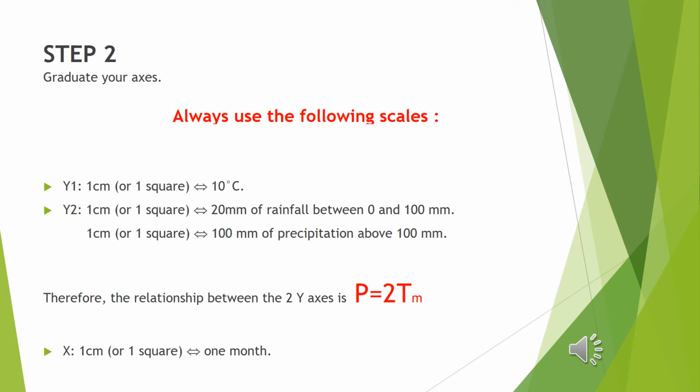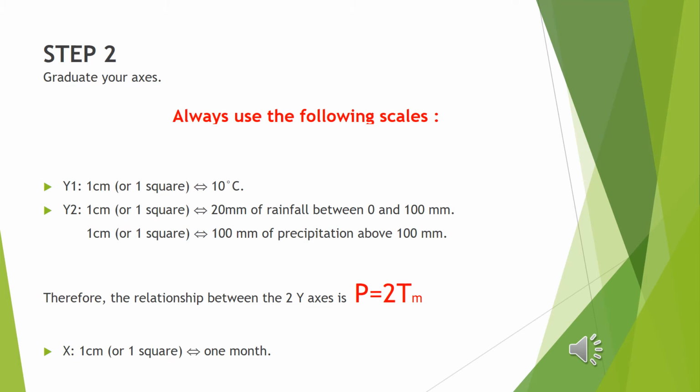So 1 centimeter represents 20 millimeters of precipitation, but only between 0 and 100 millimeters of precipitation. Beyond 100 millimeters of precipitation, 1 centimeter represents 100 millimeters of precipitation. The relationship between the two y-axes is therefore P = 2Tm.